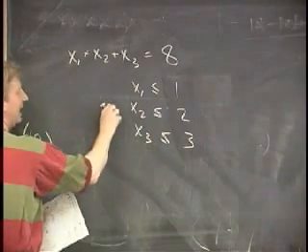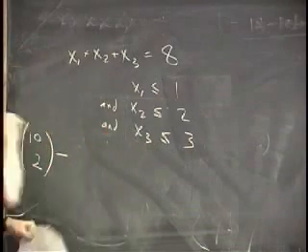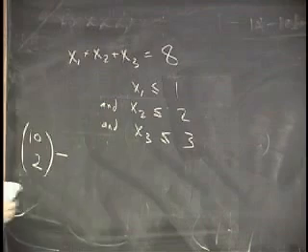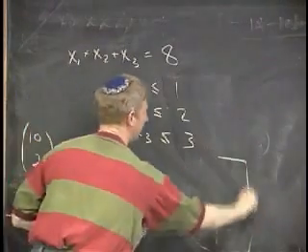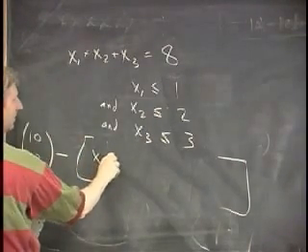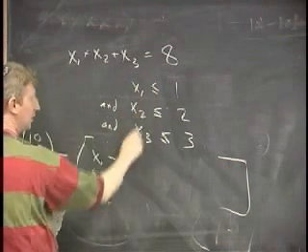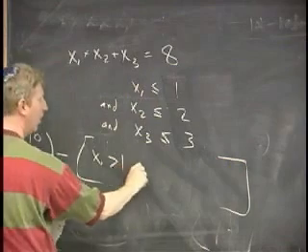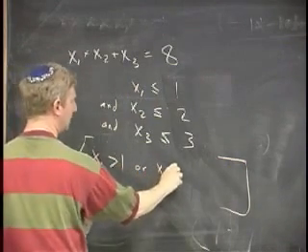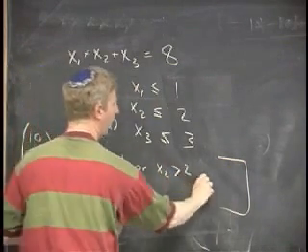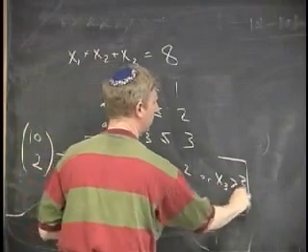Now this is supposed to mean ands, right? This, and this, and this. So if I complement it, I get what? Reverse it. So x1 is bigger than, not greater than or equal, but strictly bigger than 1, or x2 is strictly bigger than 2, or x3 is strictly bigger than 3.